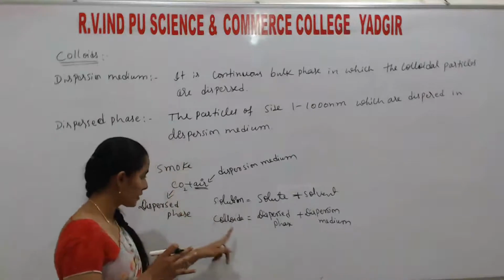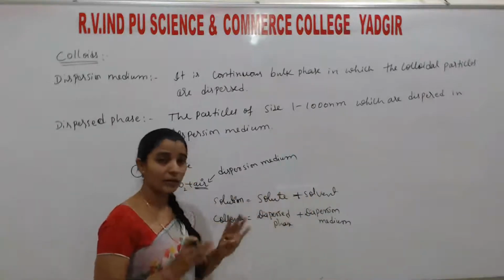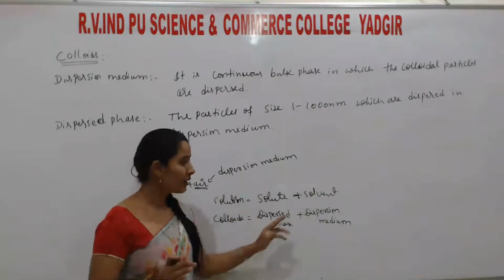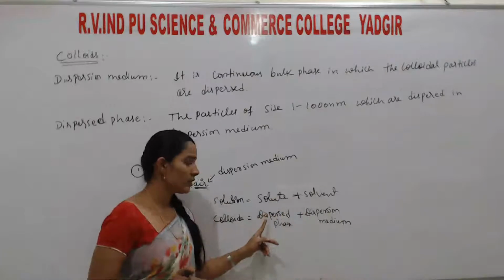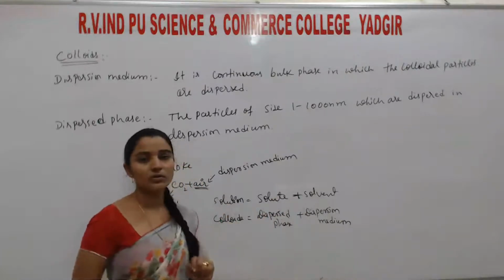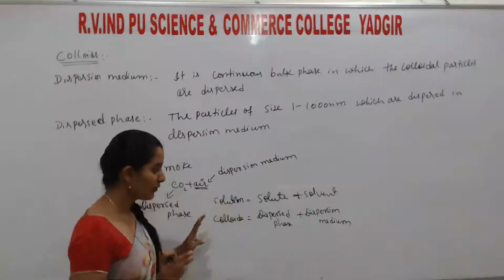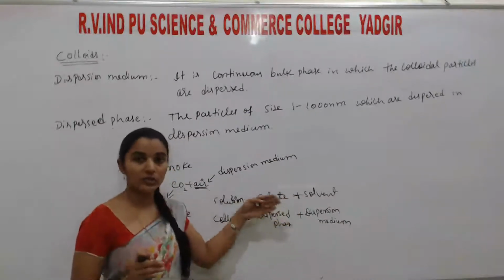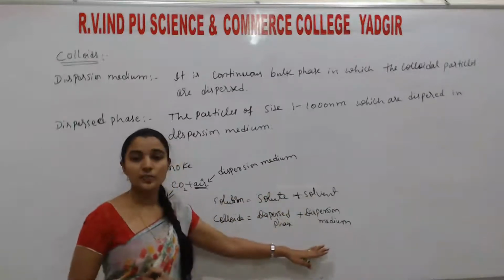Here CO2 is less and air is more. So this is also nothing but a solution, but instead of solvent we use dispersion medium, instead of solute we use dispersed phase, and instead of solution we use colloid. Don't get confused: solute is dispersed phase, solvent is dispersion medium.